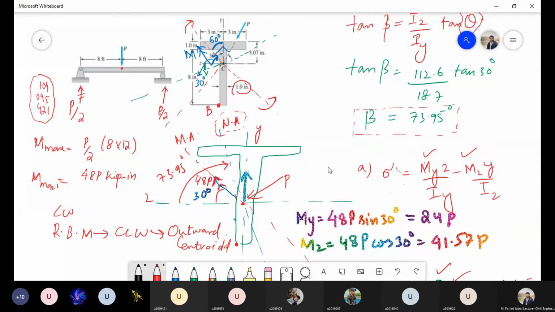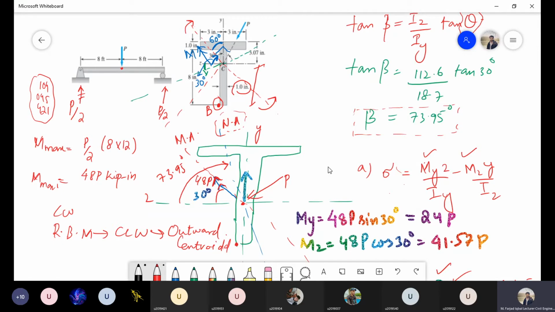ये 3.07 है. इस B पॉइंट पे 5.93 sir. 5.93, because the total height is given to us as 9 inches and this height will be 9 minus 3.